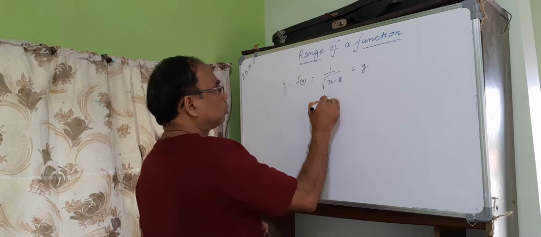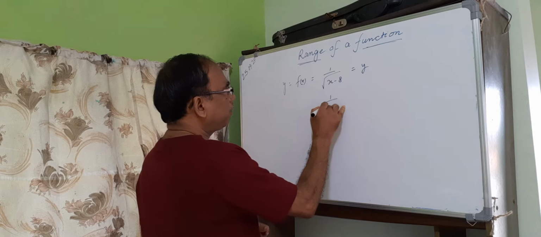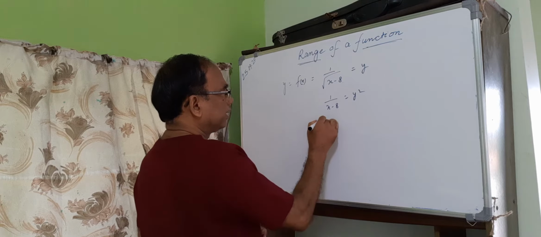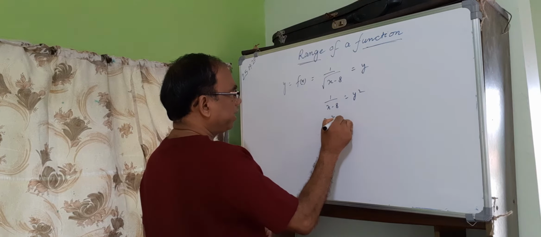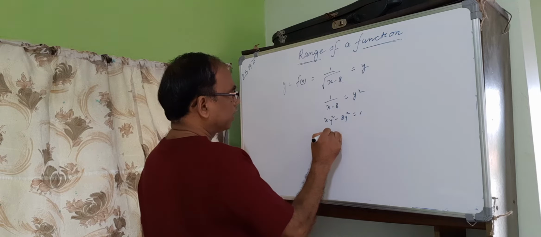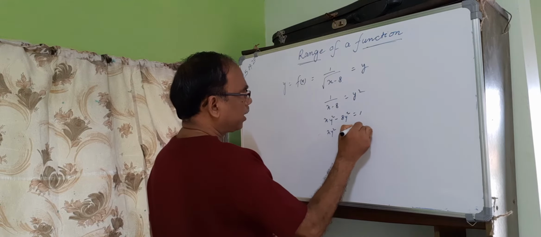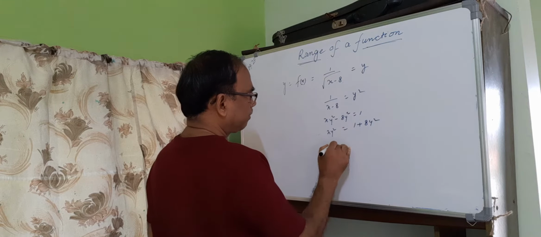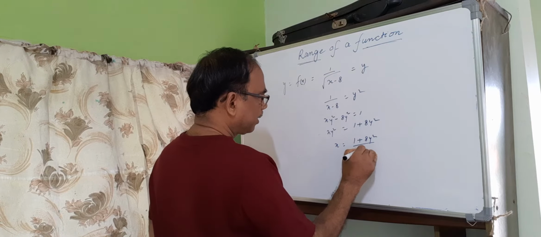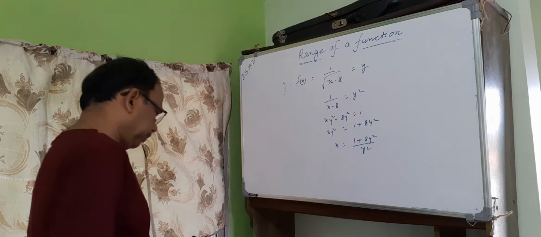So squaring both sides, 1 over (x minus 8) equals y square. Then x y square minus 8y square equals 1. x y square equals 1 plus 8y square. Then x equals (1 plus 8y square) over y square.